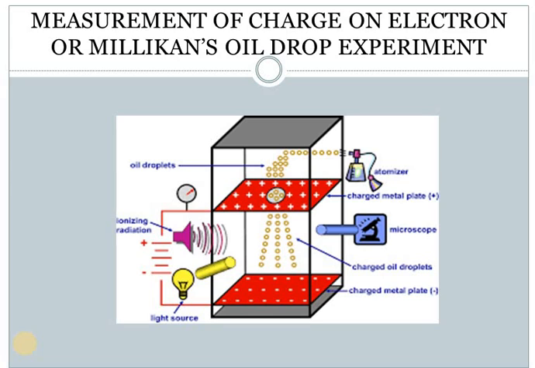If one electron is sitting or residing on the oil drop, definitely the upper electrode will attract it slowly. Instead of this, if two electrons are present on the same one oil drop, the speed with which it will move to the upper electrode would be quite faster. And if we have 3 electrons present on an oil drop, the speed would be much faster.